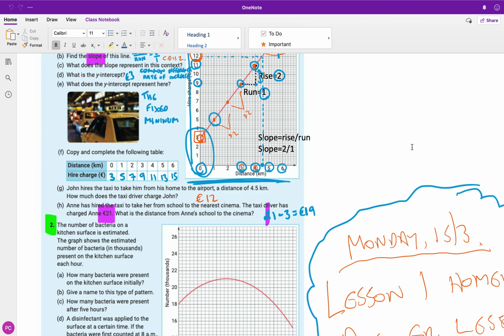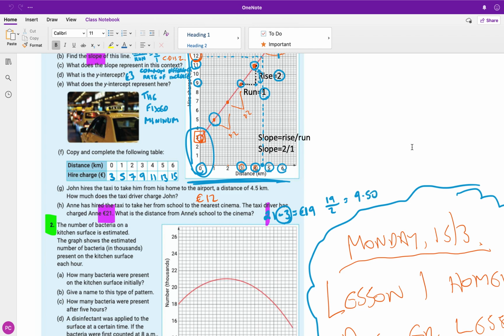So this is your standing charge here. I'm taking that away because that's what you pay before you go anywhere at all. And then you say, right, well, we know now that every kilometre you go, it costs you €2. So it's going to be 19 divided by 2.